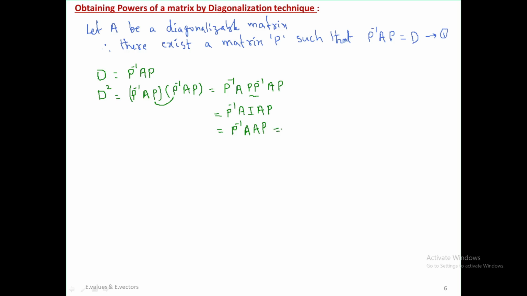So this is equivalent to P inverse into A square into P. So what I got now is the result: D square is equal to P inverse A square P. Look at here.